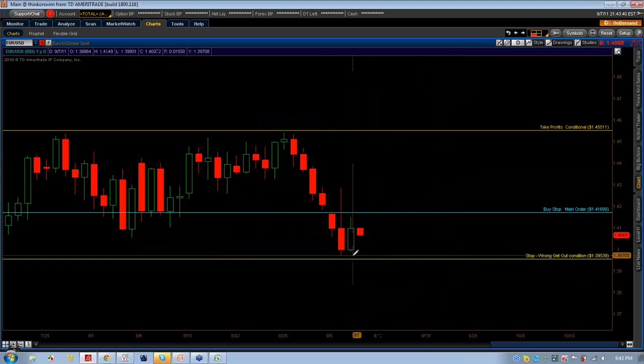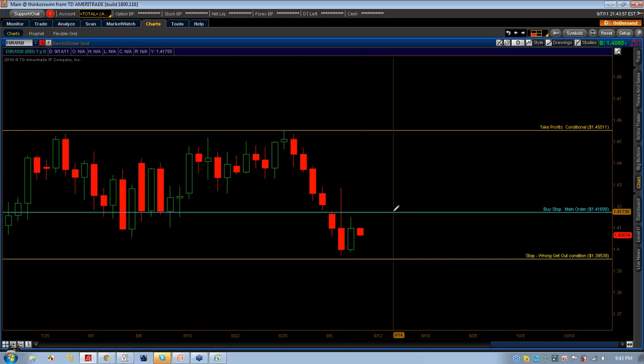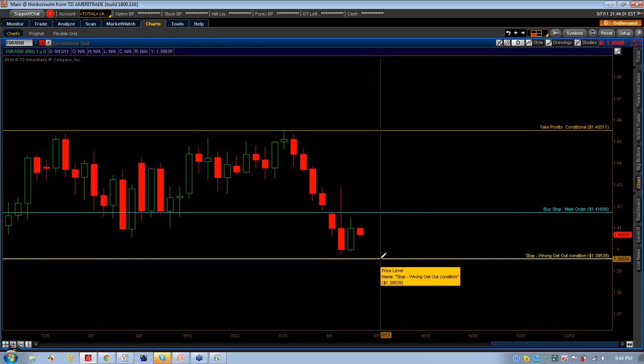When price gets here, whenever price touches this stop order, it's automatically going to get me out at whatever the price is trading at now. So the stop order becomes a market order, and it gets me out. Everyone understand that? Since I basically bought to get in, I have to sell to get out. So it's going to sell here at whatever the buyers are asking for at that time.